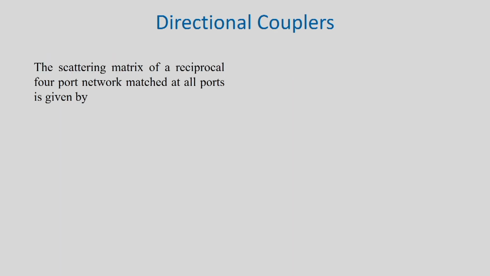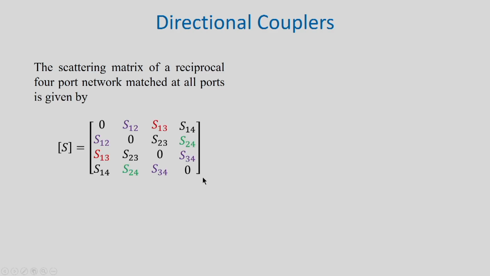The scattering parameter of a reciprocal 4-port network matched at all ports is given by S equal to, the diagonal elements are 0 because this 4-port network is matched at all 4 ports, and since it is reciprocal, we have S21 equal to S12, S31 equal to S13 and so on.